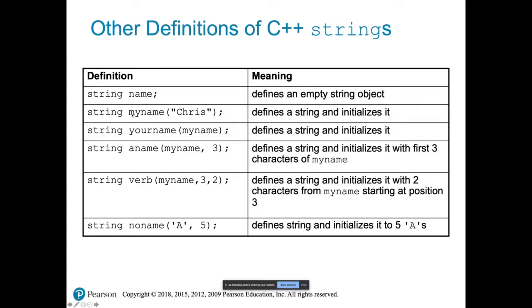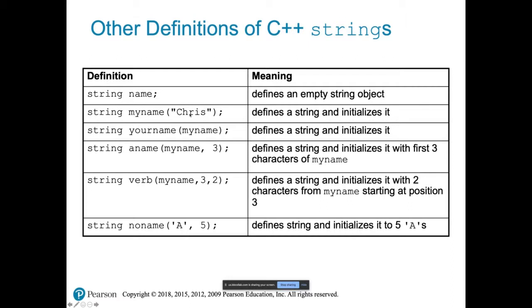You can create a string name and give it initial value Chris, like this. Or you can do string name, assignment operator, Chris. That will be the same. You can also use string yourName and pass in the variable. Same. Define a string and initialize it with the first 3 characters of my name. So my name, Chris, in this case, would be CHR.